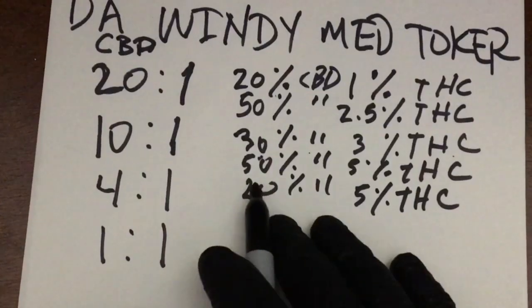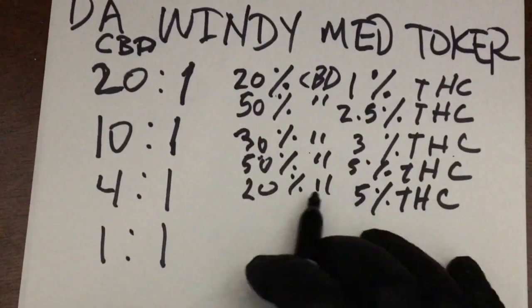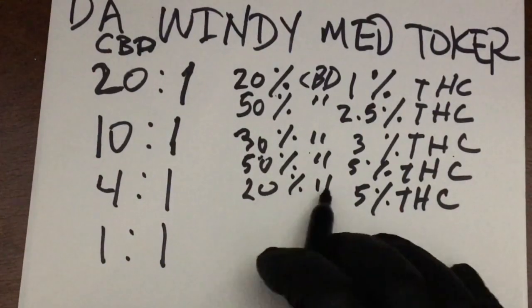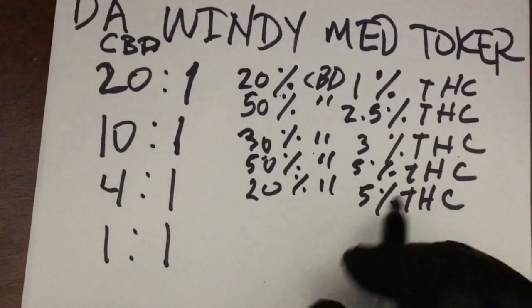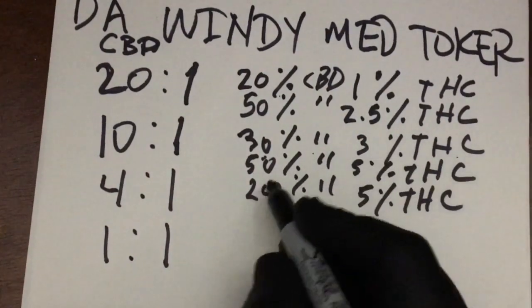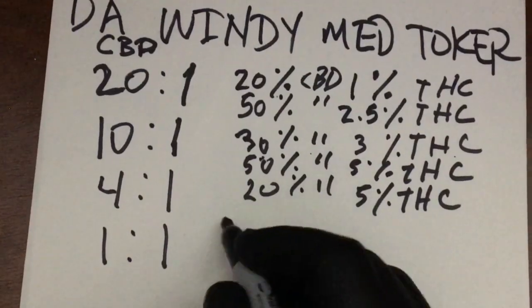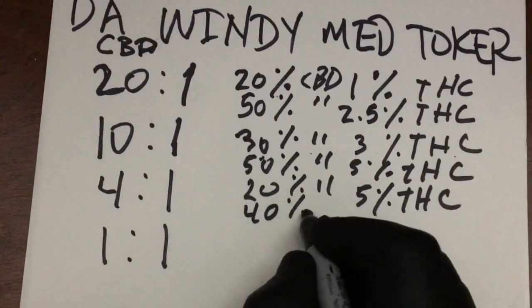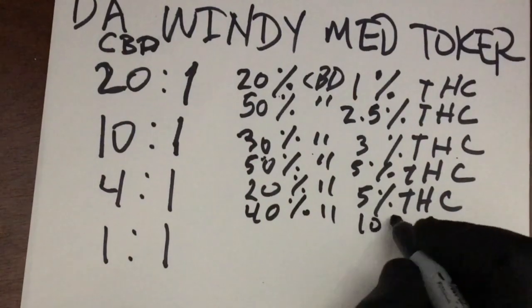Again, if it's a THC to CBD ratio instead of a CBD to THC ratio, you just flip that around. So instead of it being 20% CBD, it would be 20% THC, 5% CBD. If you have 40% CBD, you would have 10% THC.